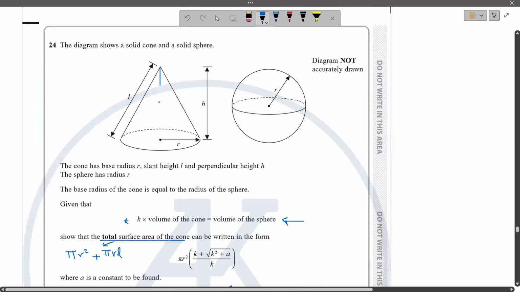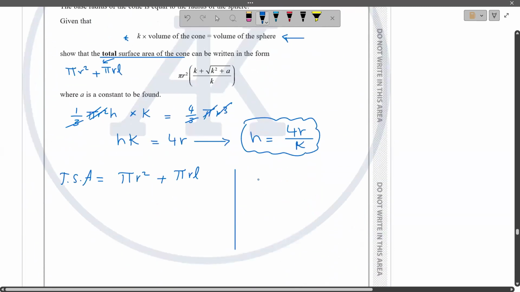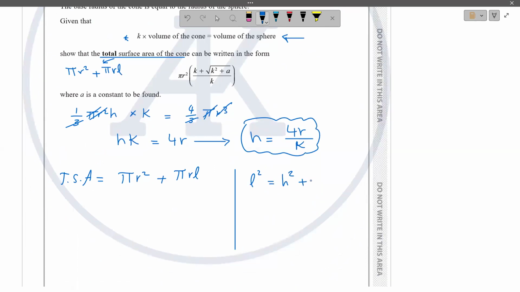It's Pythagoras. So we have l squared equals h squared plus r squared. And instead of h, I'm going to write 4r over k.